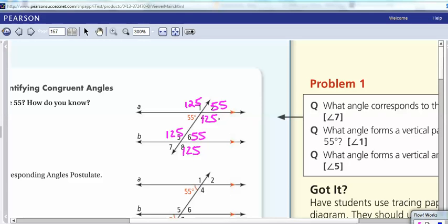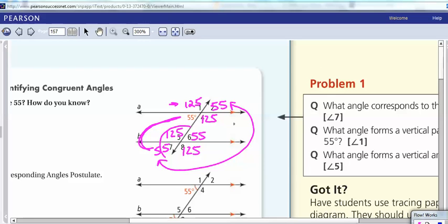Corresponds to this one, doesn't it? Is it an alternate exterior with that one? And they're congruent. And it's also a vertical angle with 5, isn't it? And they're congruent. And what's left? 55. Alright, because these two are a linear pair, because these two are vertical, because these two are corresponding, and because these two are alternate exteriors. All those reasons want to start coming fast.